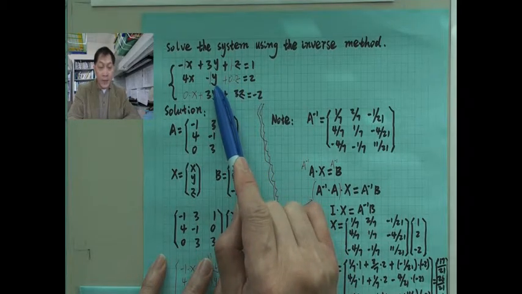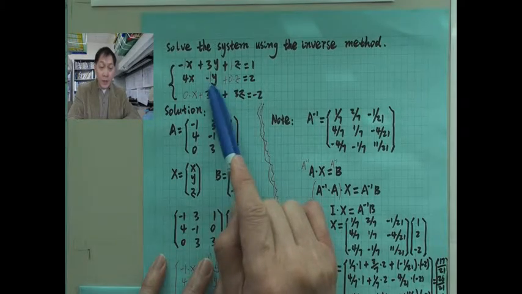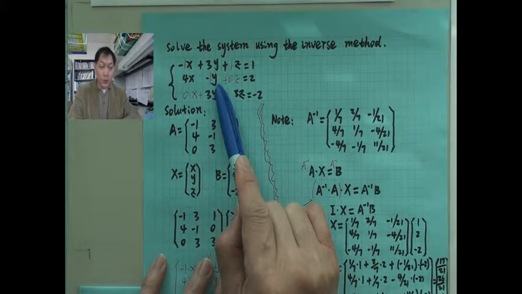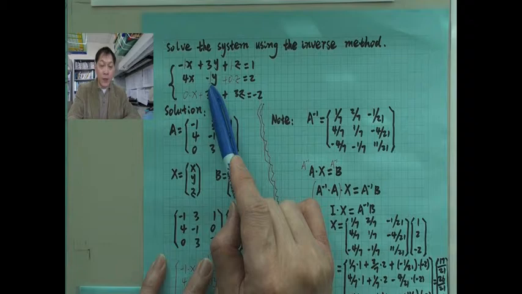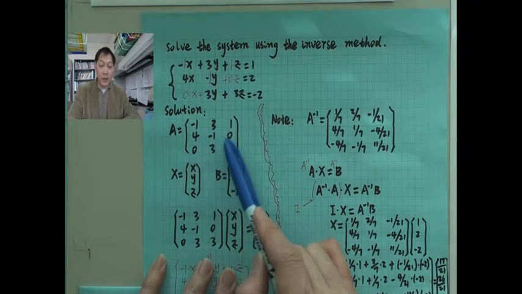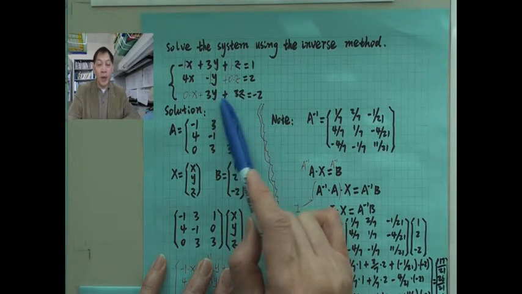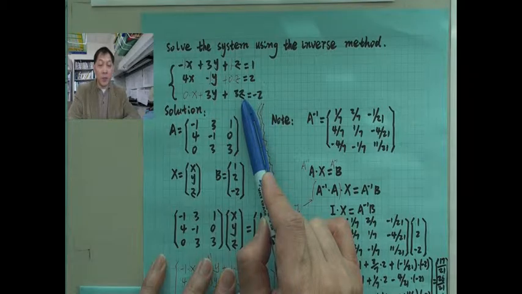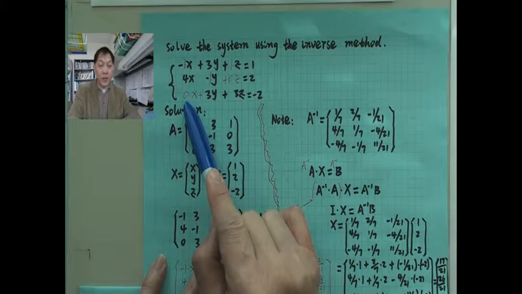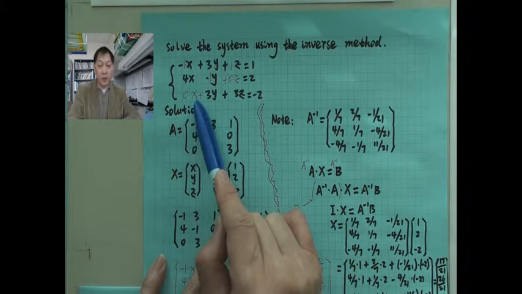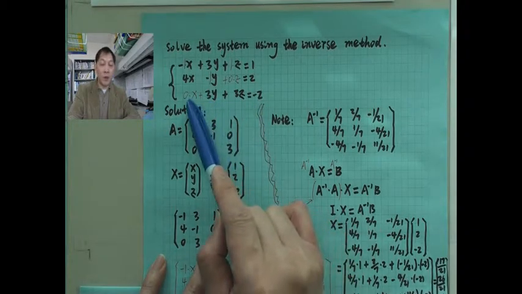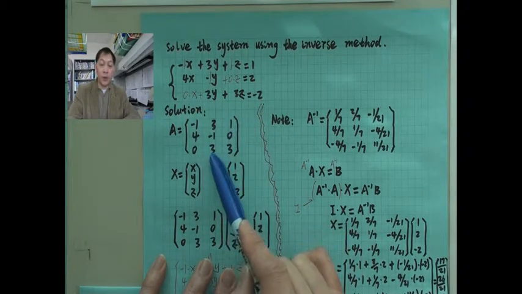Negative y means negative 1 times y. So the coefficients will be 4, negative 1, 0. In 3y plus 3z, the coefficient of x is 0, so we have 0, 3, 3.